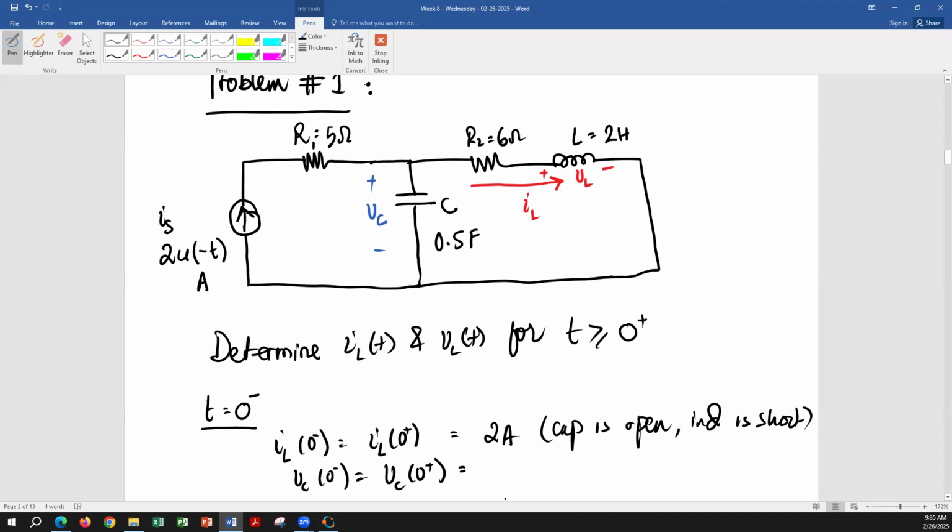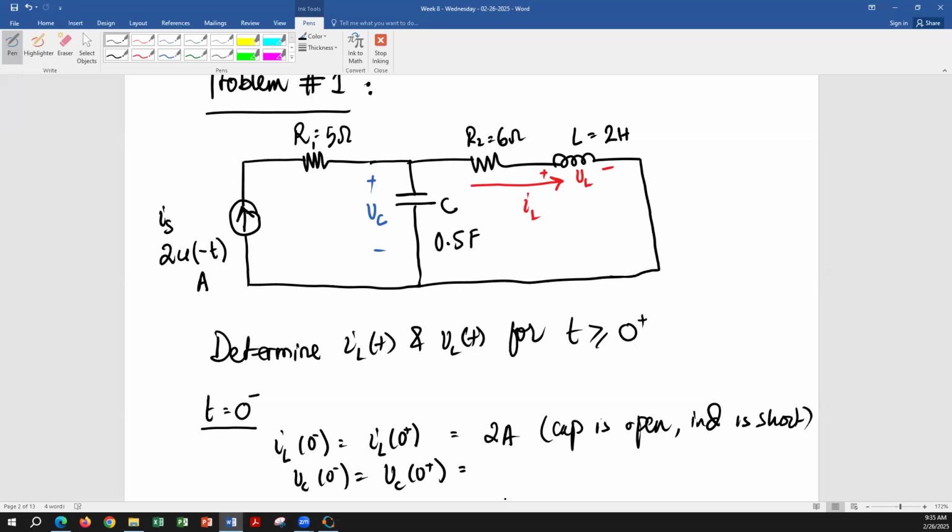All right, what about the capacitor voltage? What will be the capacitor voltage? Yes, Natasha. Say it again. Current divided by what? Make sure when you say anything is parallel or series, you analyze it.